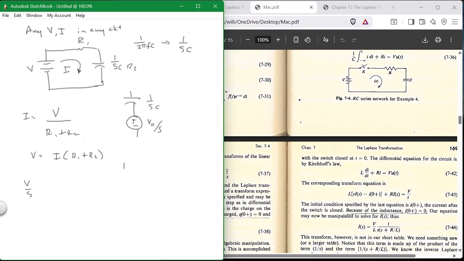If I had a parallel combination of this and this, I can use the parallel rule to combine these. But I can't if there's an initial condition.